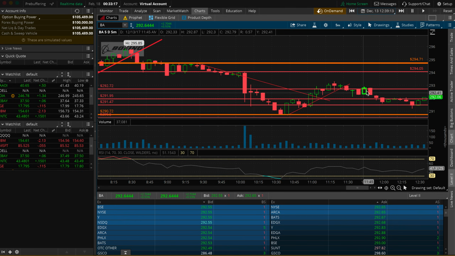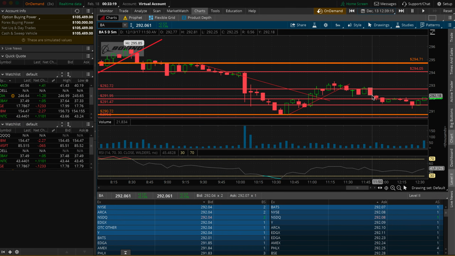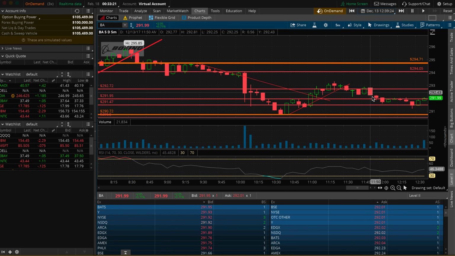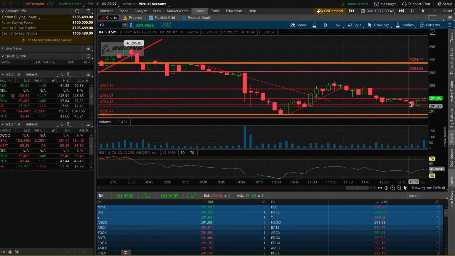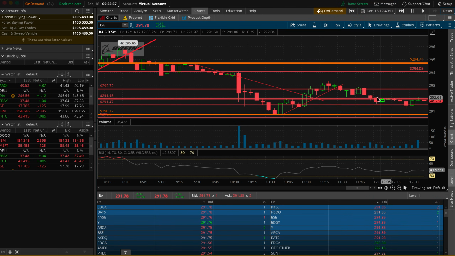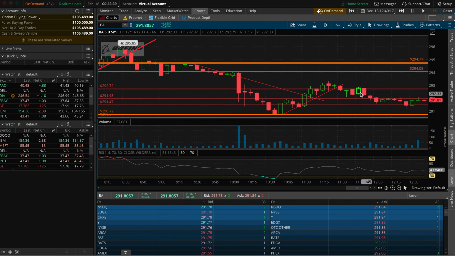All right, so we're right here. It fell, and it just kind of consolidated. Went down, hit that support, came back up. Yeah, it looks like it's just consolidating.